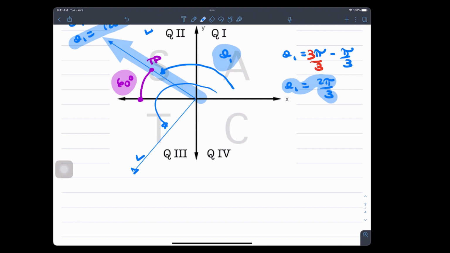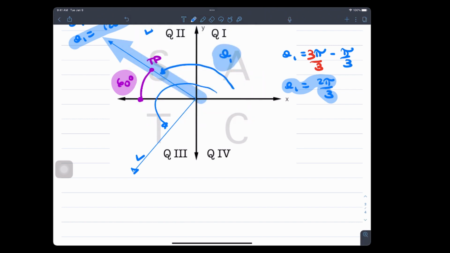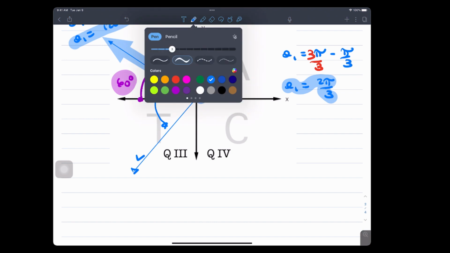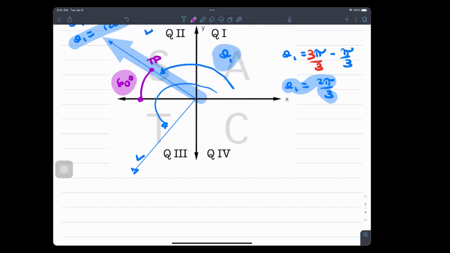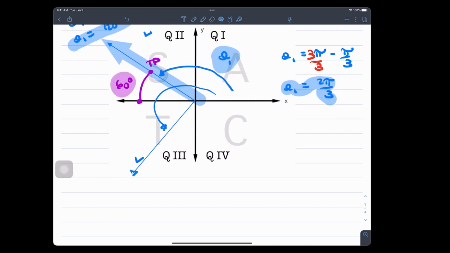Do you guys know how we get quadrant 3? Well, it's the same way. I'm going to use reference information.